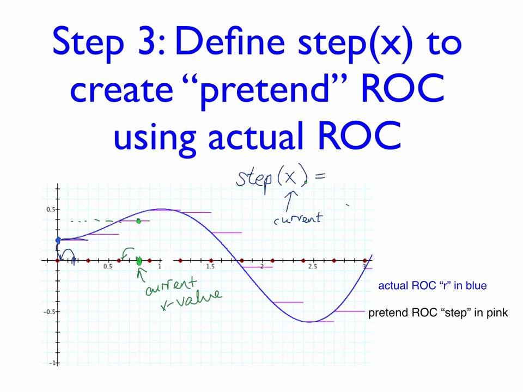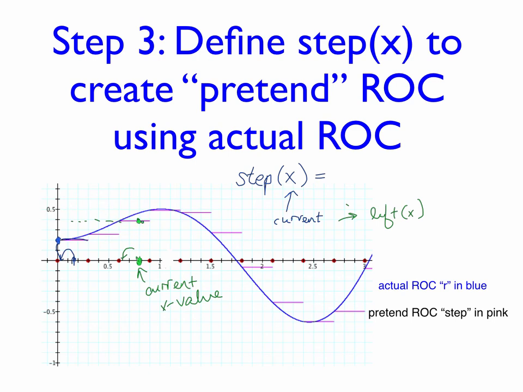The first thing I do to my current x value is I feed it through left of x, right? And that reassigns it to this x value. And then how do I get to a y value?